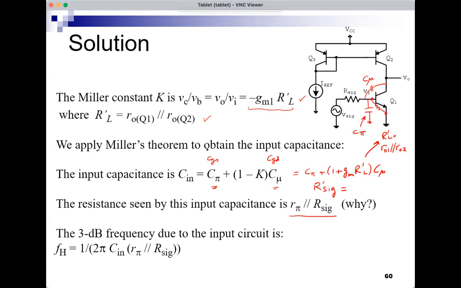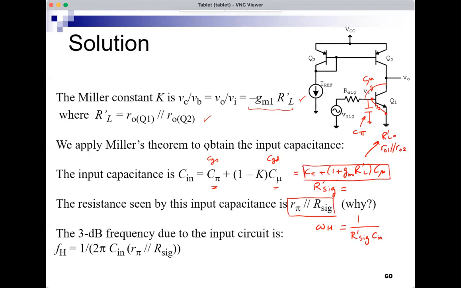And then the omega H would be due to the input circuit only. We're given that. So 1 over R prime sig Cin, that's it. R prime sig is this. Cin is this.